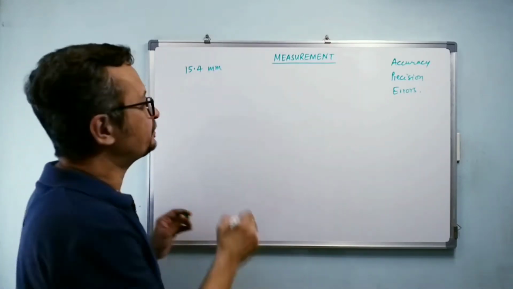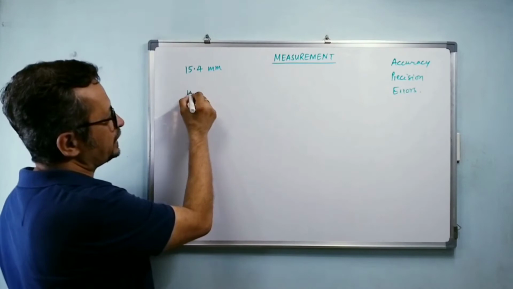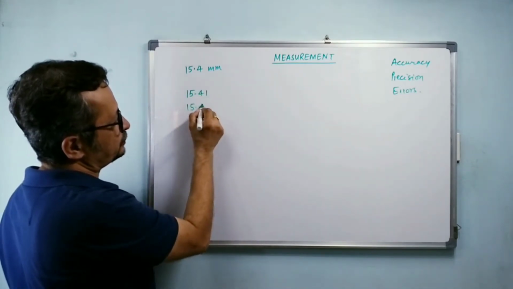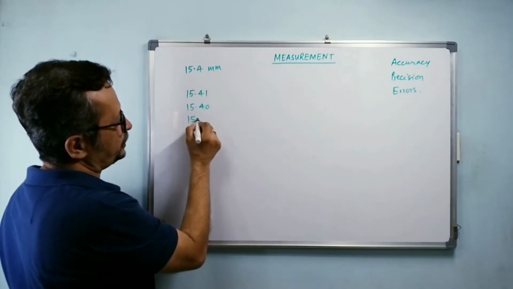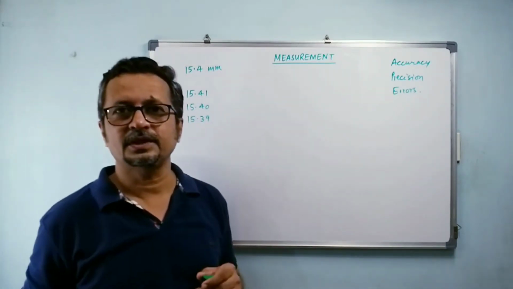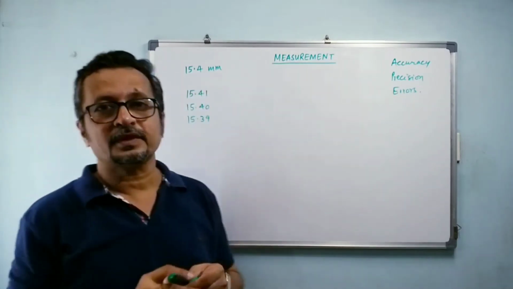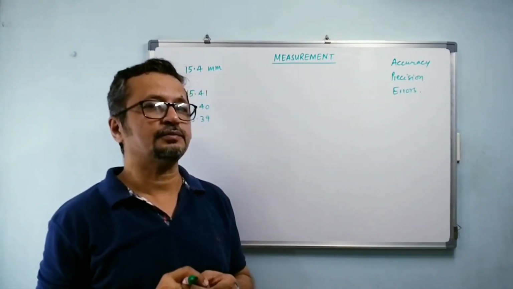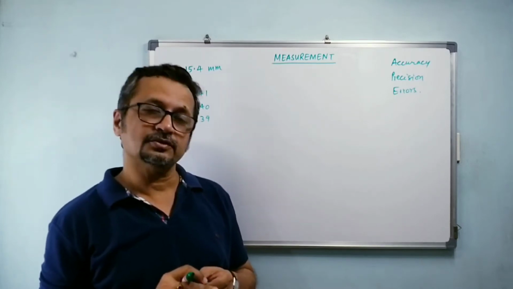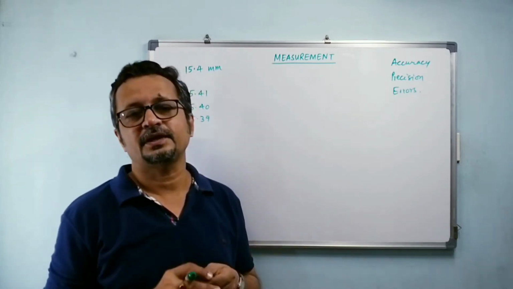And if I make measurements like 15.41, 15.40, 15.39, this kind of measurements, I can say they are very close to 15.4. So that means my measurement is accurate.